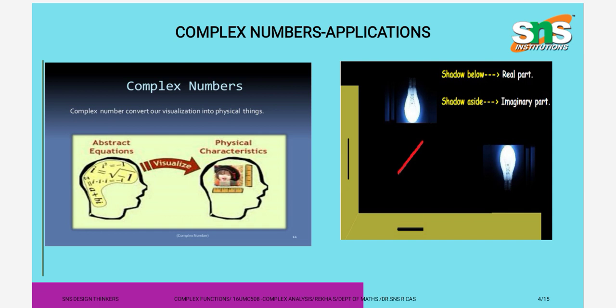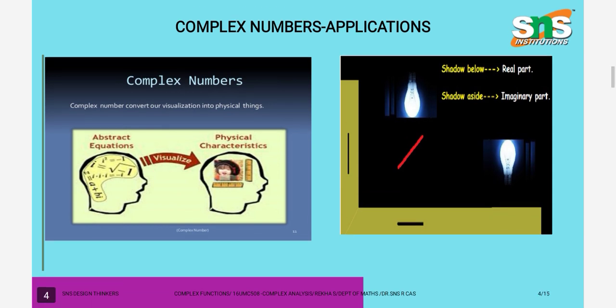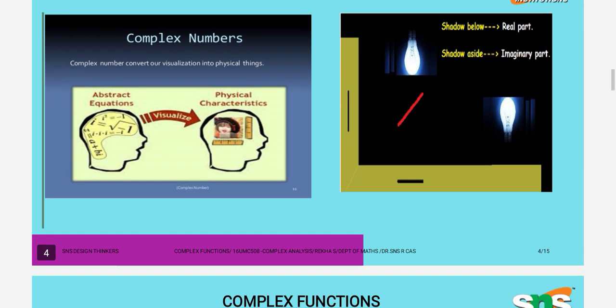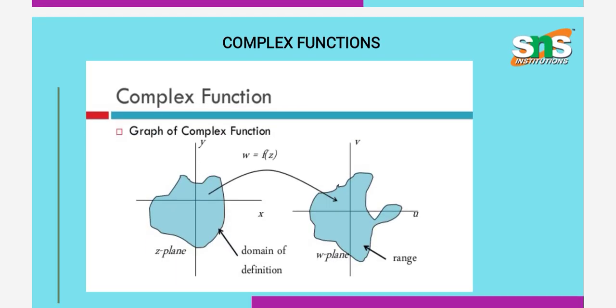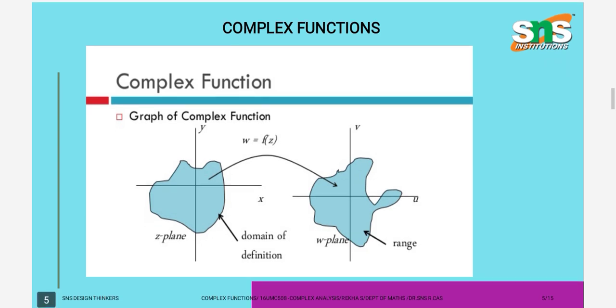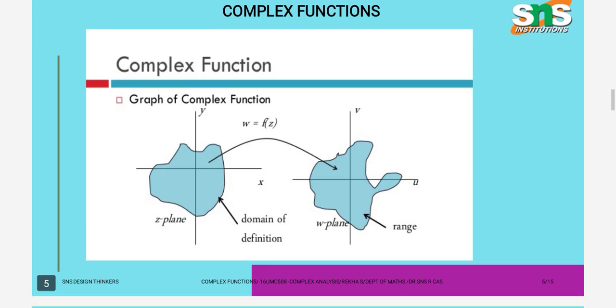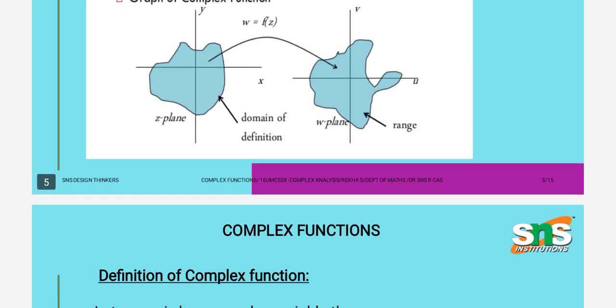Mainly complex numbers can be used in signal transformation, sound, moving, etc. In a complex function we have two planes, a transformation from one plane to another plane. One plane is taken as the z plane and the other as the w plane. All the points are transformed from the z plane to the w plane.